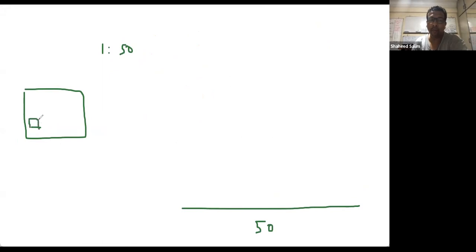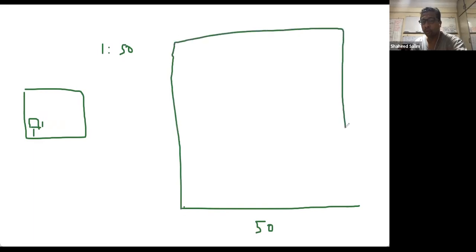Square is 1 times 1 because this square is 1, 1. But the area now, 1 times 1 is 1. But the area in reality is not 1, no. The area is 50 times 50, or 0.5 meters times 0.5 meters. I get 0.25 square meters.